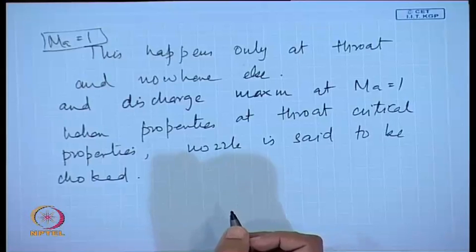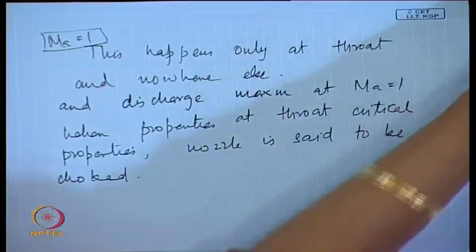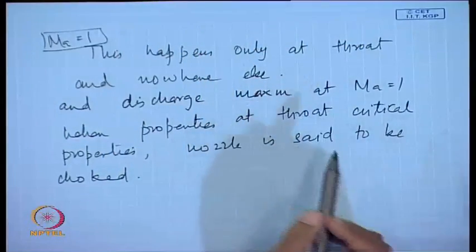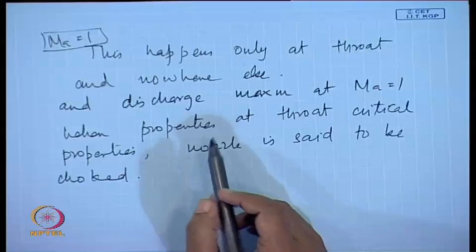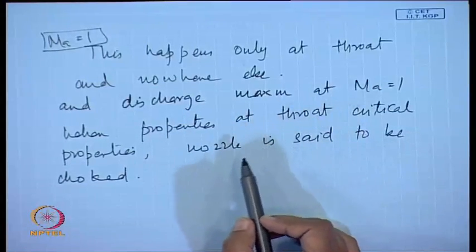This portion is clear to you. Okay. So, we find that for Ma equals 1, that happens only at the throat and nowhere else. Under this particular condition, the discharge is maximum, and under these conditions the nozzle is said to be under choked flow conditions. Agreed? So this shows why Ma equals 1 is so very important for all our purposes.